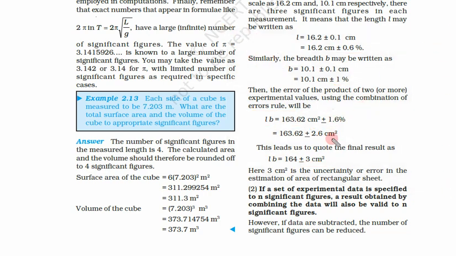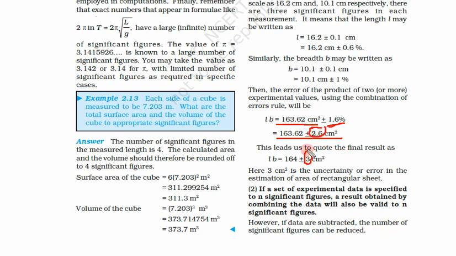Let us understand this once again. We know that the error is 1.6% in this quantity. When we calculated, we got 2.6 centimeter square. When we are not sure that this number itself is correct, that means plus minus 2 itself is not correct, then how can we say that this 0.6 is correct? So that's why we have rounded off this number to 3.